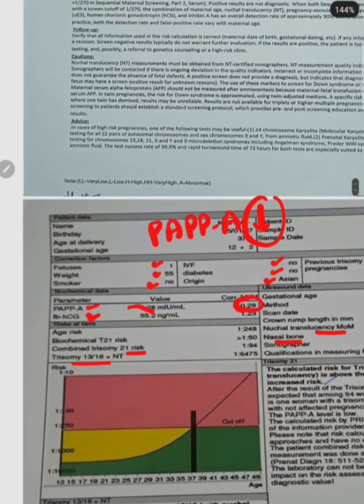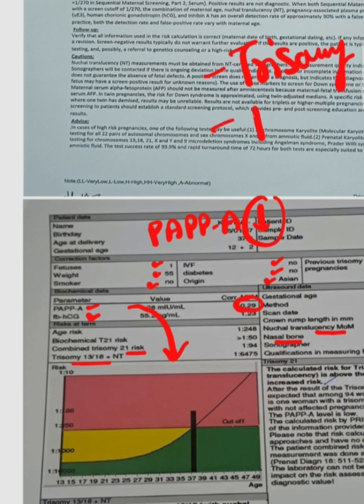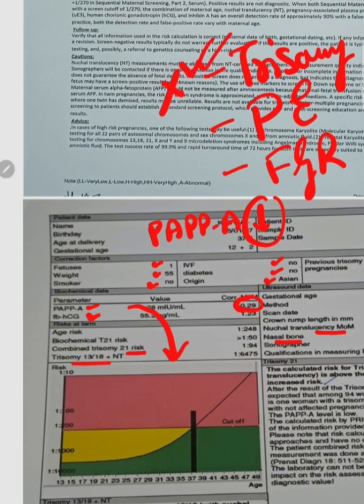Now, what I have told, PAPP-A can be reduced in what all conditions? Number one, it can be reduced in trisomies. The second is if the mother is at high risk of preeclampsia and FGR. Now, don't you think this baby might not be having trisomy, because NT and NB are also normal, age-related everything is normal, free beta HCG is also normal, only PAPP-A is reduced.